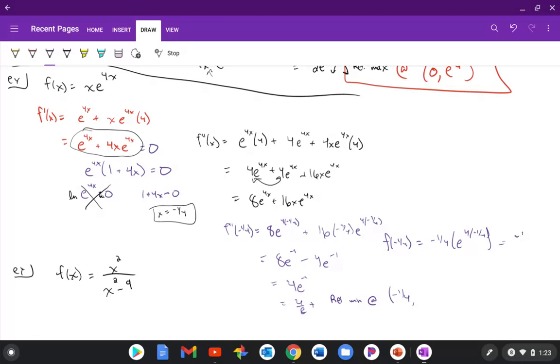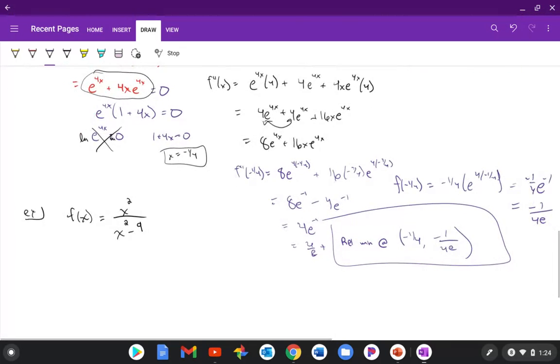So we get negative 1/4 times e to the negative 1. So that's like negative 1 over 4e. All right. So some small decimal. Suppose you could verify this on Desmos, make sure we did it right. That is how it works.